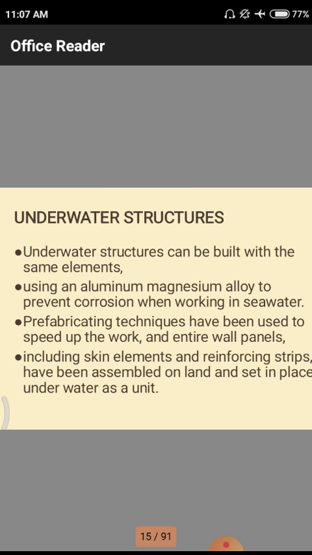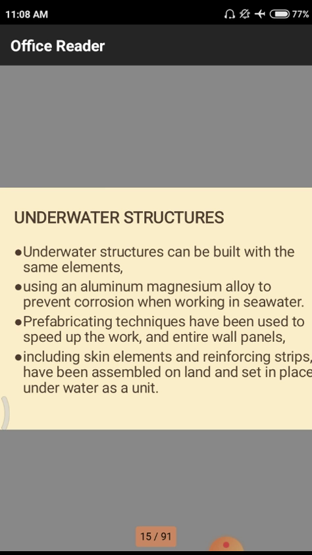First of all, underwater structures can be built with the same elements. Why? Because if there is no homogeneity, the structure will automatically fail. An aluminum magnesium alloy is used to prevent corrosion when working in seawater. Normally, if there is iron content in the sea, because seawater contains some salts, those salts react with normal steel elements and cause corrosion.